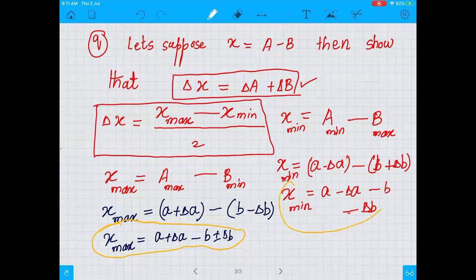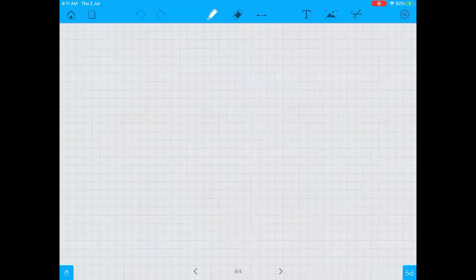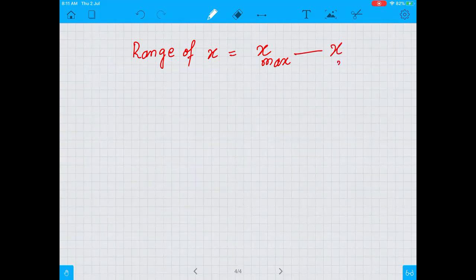Now, if we find the range of values of x, what would it be? Range of values of x is equal to the maximum possible x minus the minimum possible x.